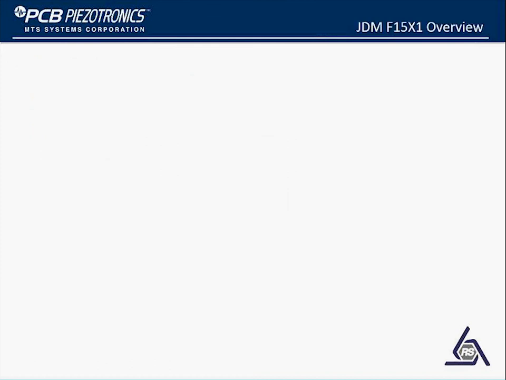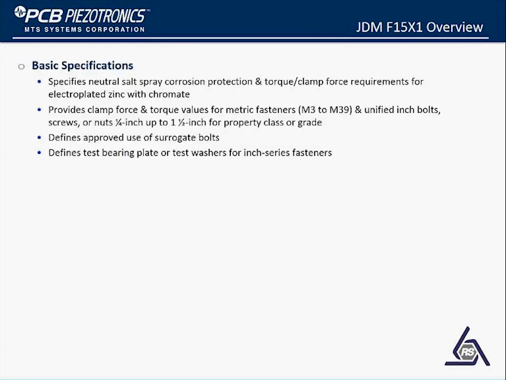Another fairly common test specification is the JDM F15X1 for our friends at John Deere. The JDM standard specifies a neutral salt spray corrosion protection and torque clamp requirements for electroplated zinc with chromate. Very exciting stuff.